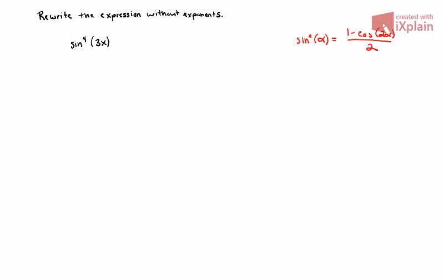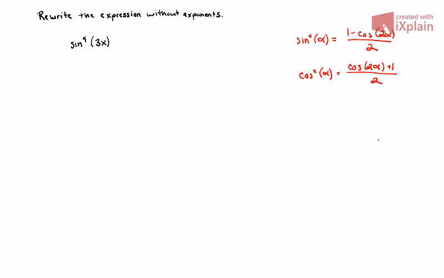And then I also do have, we might need this one as well, the cosine squared of alpha is equal to the cosine of 2 alpha plus 1 all over 2. So I'm going to keep those identities on hand.